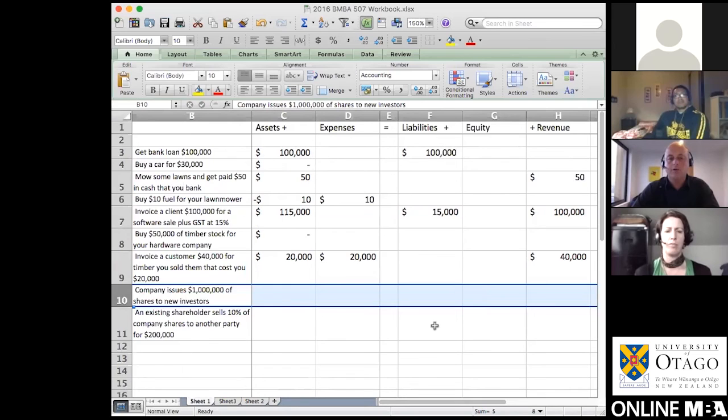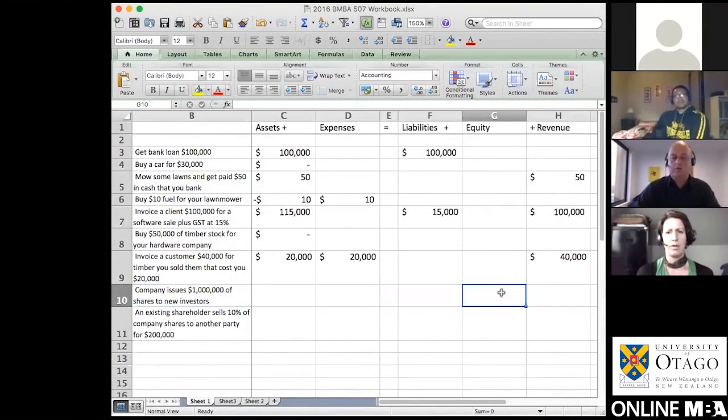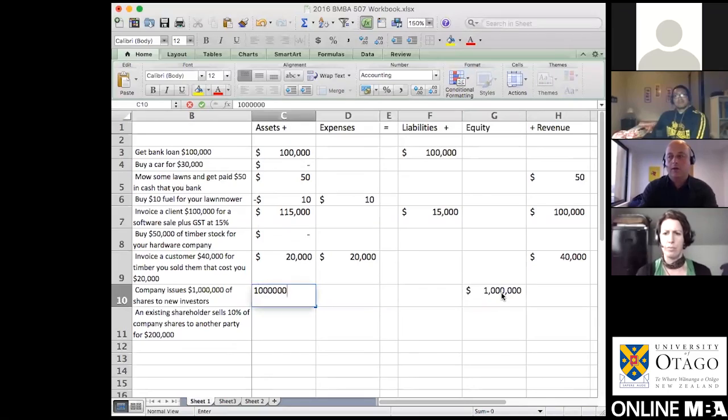So you're getting $1 million into your bank. So what would be the other account that you think's affected? Yep. I know it's sort of a tricky discipline to go through, but first thing is you say, okay, what do we understand the transaction? What accounts do we think are affected? And then we say, have they gone up or down? So equity's gone up by $1 million. And our bank account's gone up by $1 million.